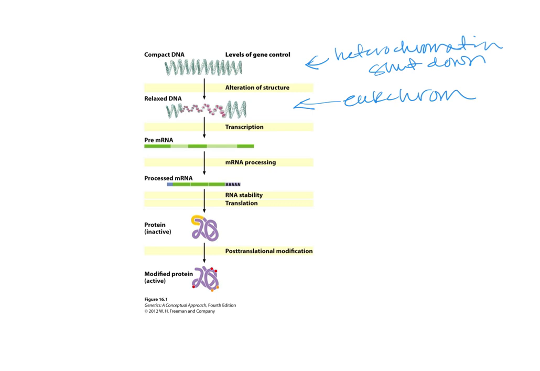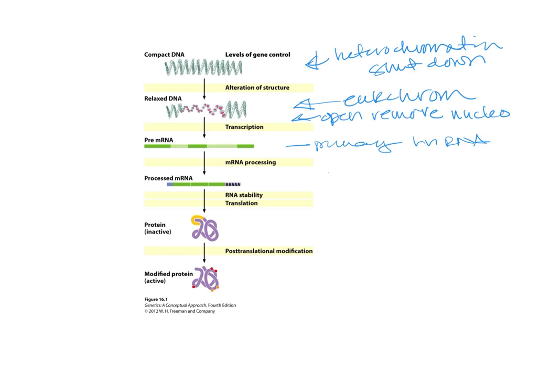Then we can even open it farther. We can remove the nucleosomes to make it more open. We make a pre-mRNA, primary transcript, heteronuclear RNA, not processed.